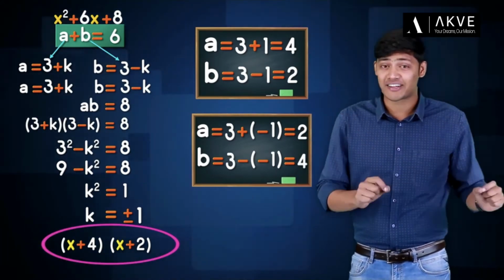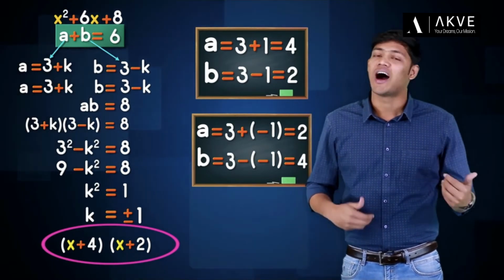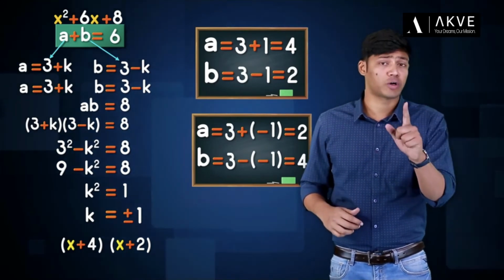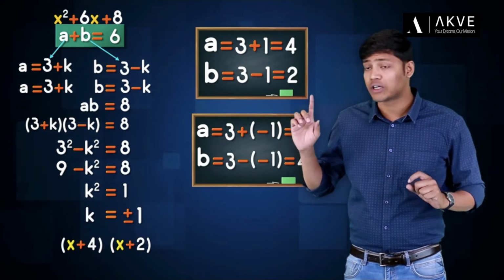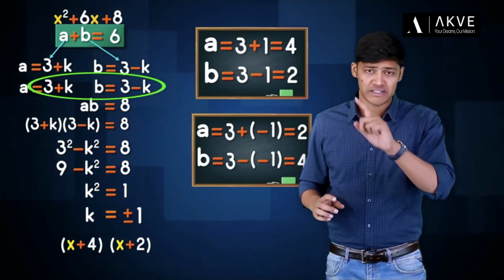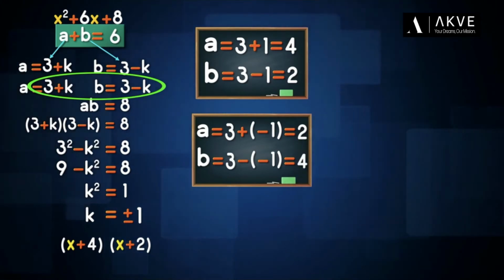So the factors of this quadratic polynomial x squared plus 6x plus 8 are x plus 4 and x plus 2. The most important step in solving this problem was expressing the coefficient of x, which is nothing but 6, as the sum of 3 plus k and 3 minus k. That was the main logic.